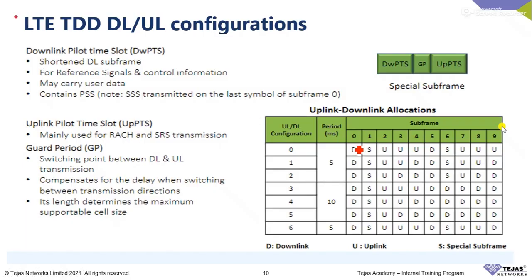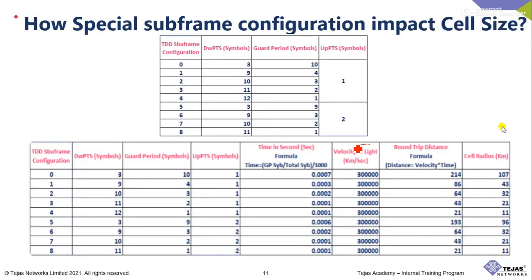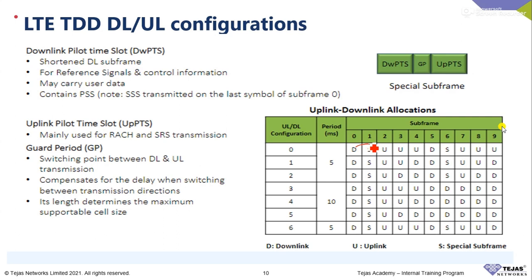So remember, the first point is it always starts with downlink. The second point is, whenever we are switching from downlink to uplink, it has to be preceded by a special subframe. But if you are switching from uplink to downlink, you don't require a special subframe. So I'll repeat it again.